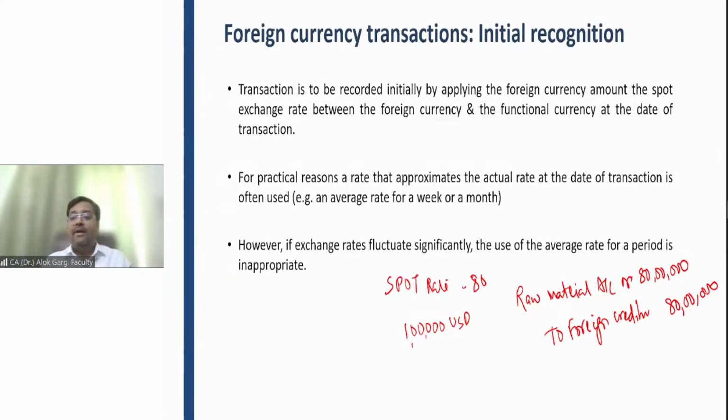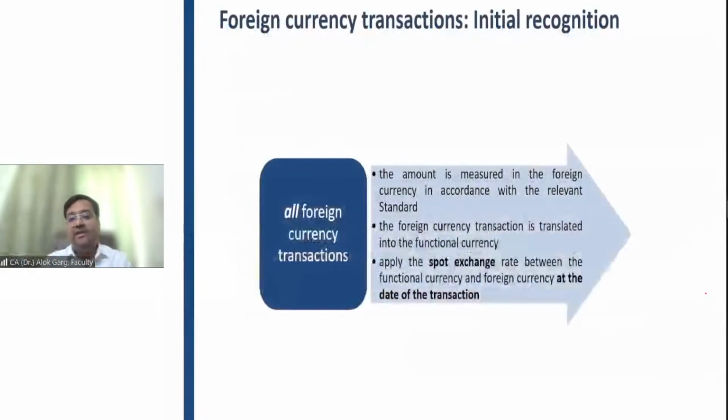Is that clear? So spot rate means the rate on the date of the transaction. Okay, so this is the initial recognition of the foreign currency transaction. All foreign currency transactions have to be measured in accordance with the relevant standard.